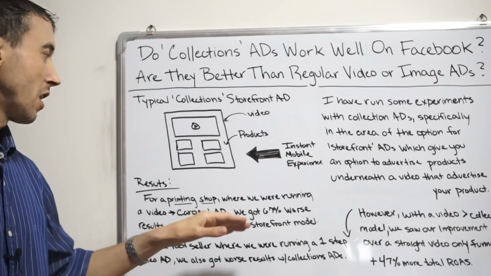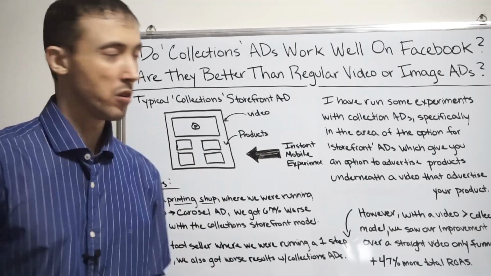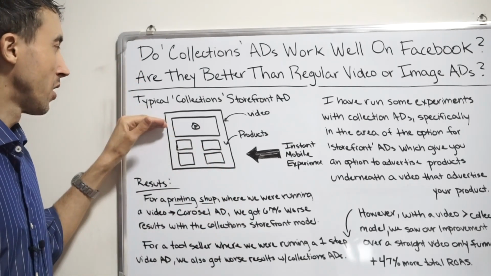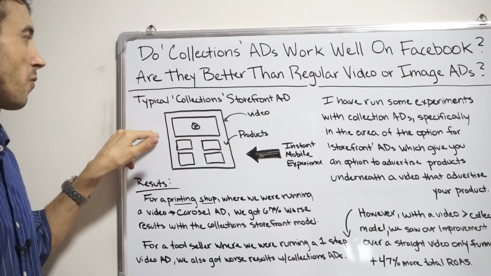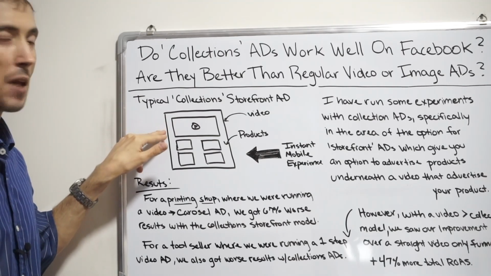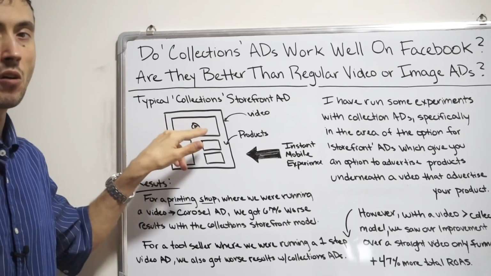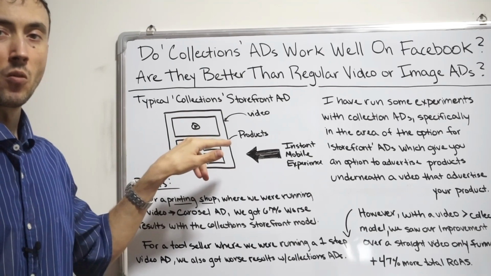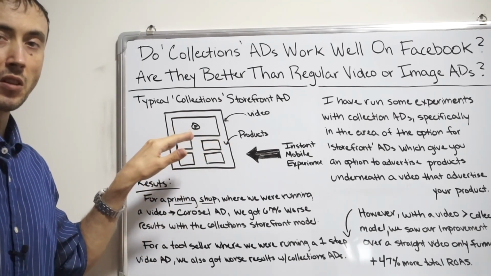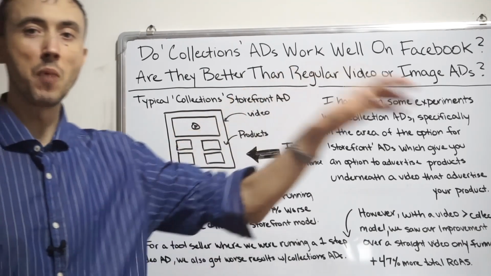Anyway, worked really good. However, just trying this, instead of going with the video, we went with the collections ad, the storefront type of collections ad where we have the video, and off to the side we have examples of different booklets, and where they can go buy it.